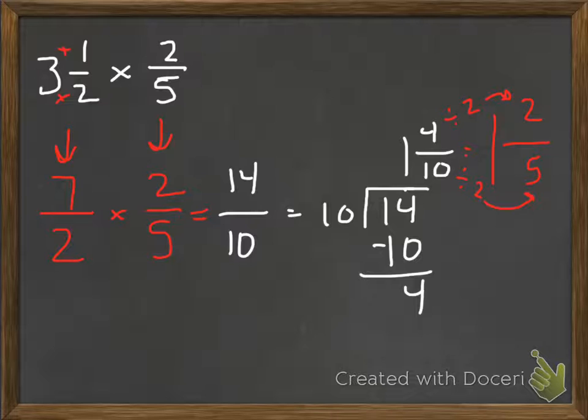So your answer is 1 2/5. So it doesn't matter if the mixed number is on the left or the right, you have to change it to an improper fraction before you multiply. Now you could have two mixed numbers. For example, 2 5/6 times 2 1/4. So you do not go 2 times 2 is 4 and have 5/24ths.